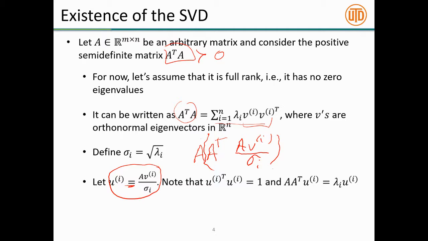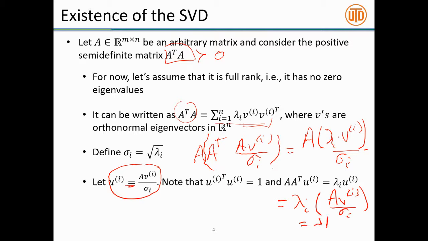But A transpose A times V_i is just equal to lambda_i times V_i, all divided by sigma_i. Rearranging this last term, this is equal to lambda_i times A times V_i over sigma_i, which is just lambda_i times U_i, by definition.